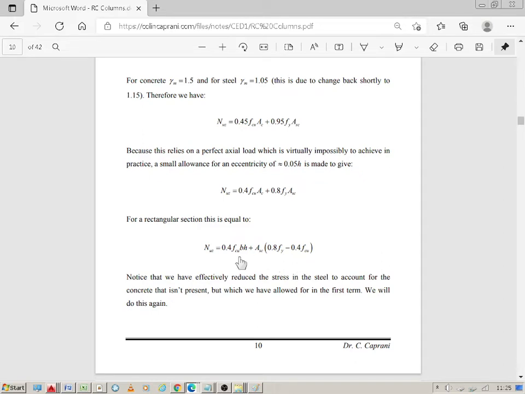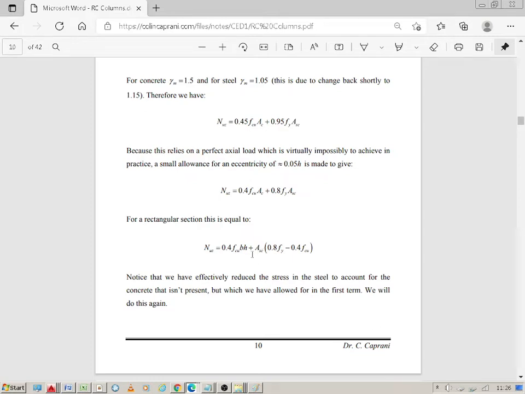Because the area of concrete A_c is actually the area of the column minus the area of steel. So N_uz is 0.4 f_cu bh, where bh is the area of concrete, plus A_sc, the area of steel.